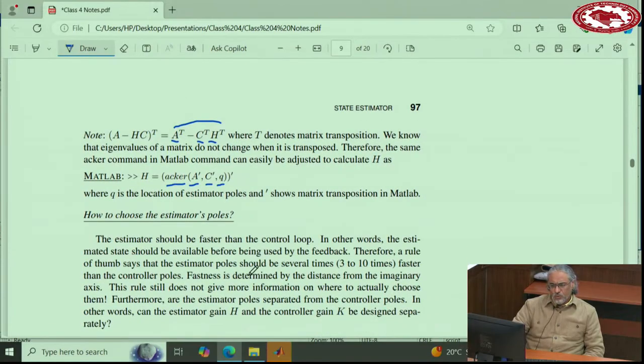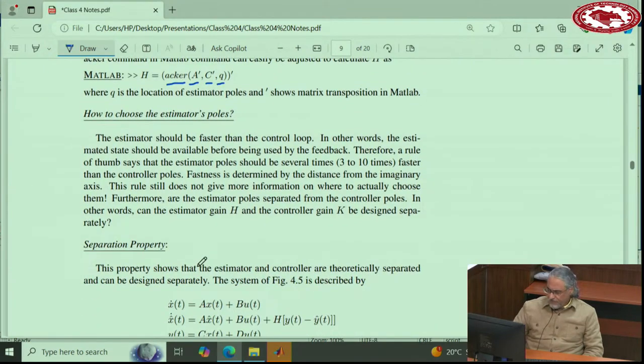How to choose the estimator's poles? Well, the estimator should estimate the state vector and feed it to the controller. And then the controller, which is the state feedback, uses those estimations to close the feedback.